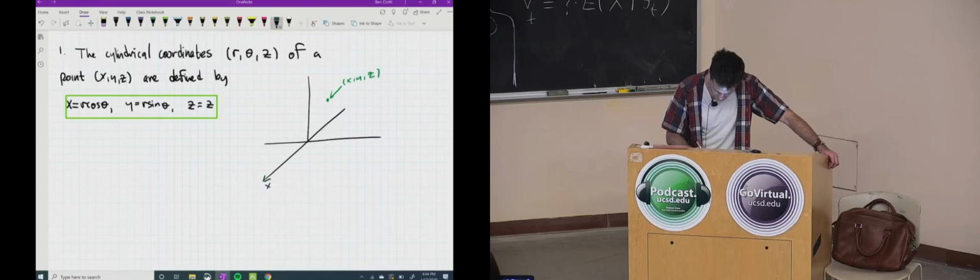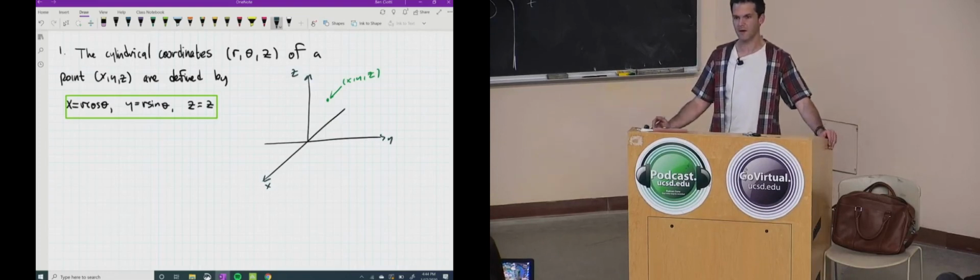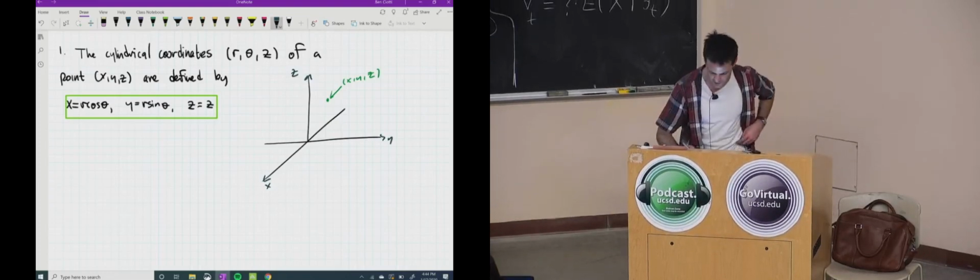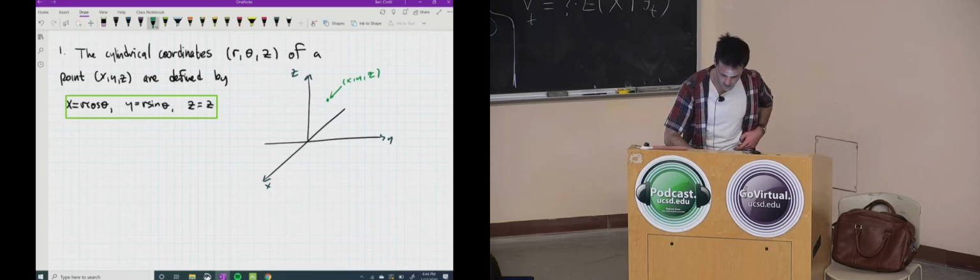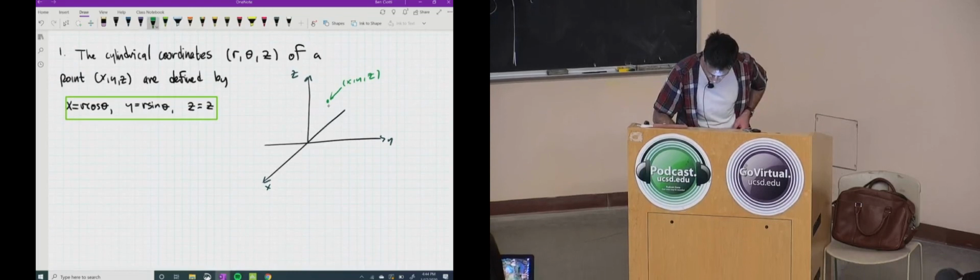And say this is the x and y and z axis. To find the cylindrical coordinates, I'm going to drop a line to the xy plane perpendicularly.